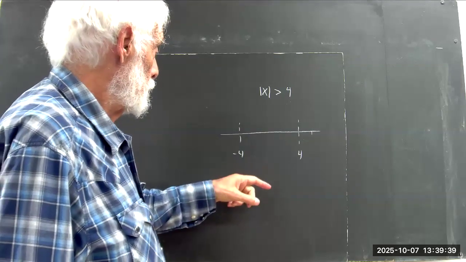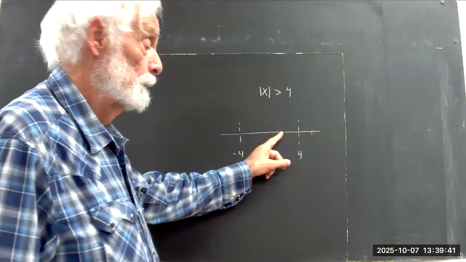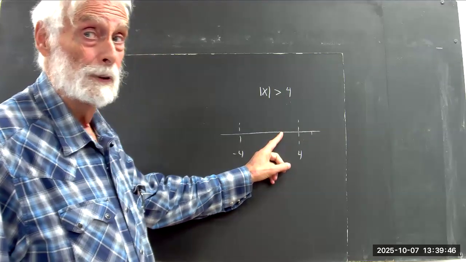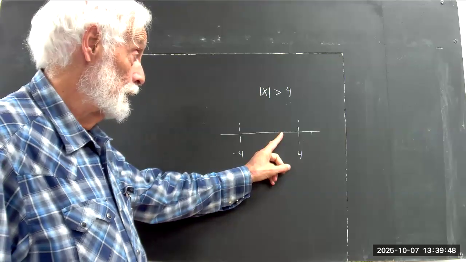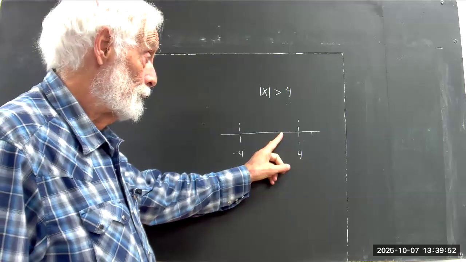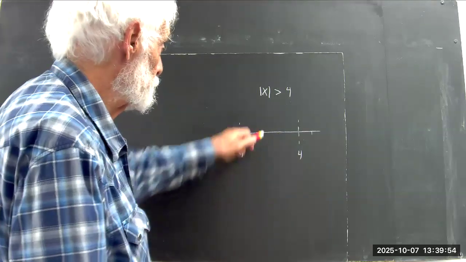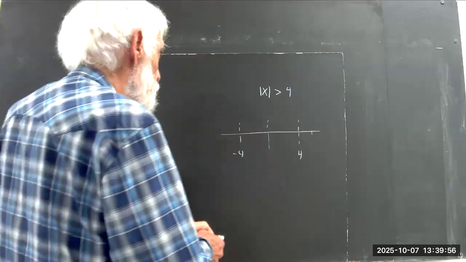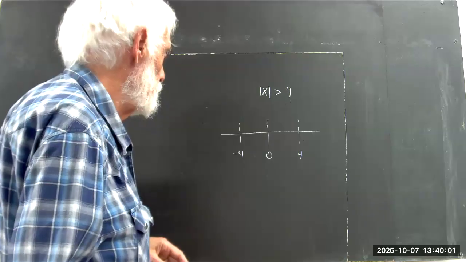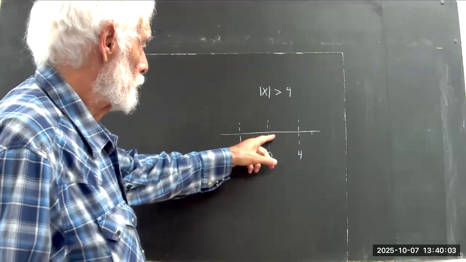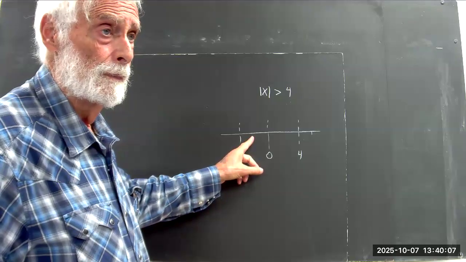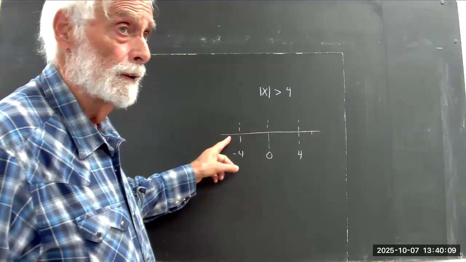Okay, so let's go to this number. I'm seeing thumbs down, a lot of thumbs down, because that number is less than 4. And it's still greater than 0, so let's put 0 in here. How about here?